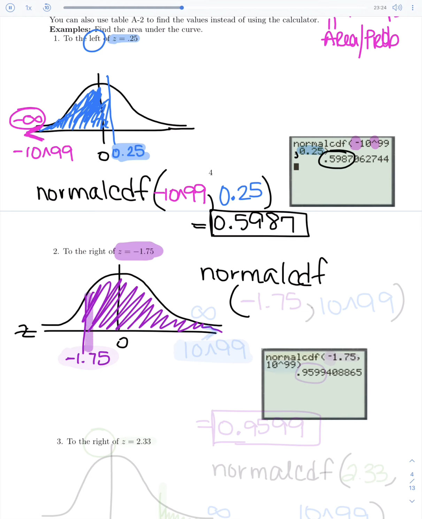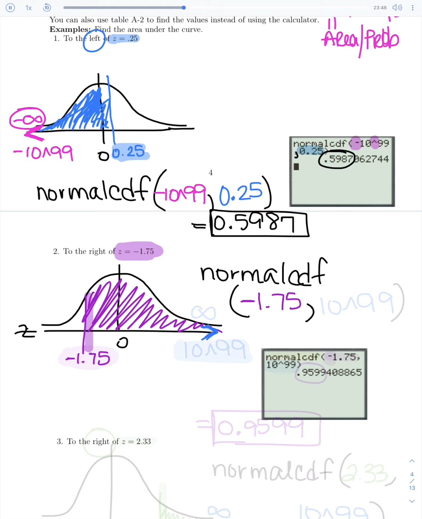We have a start value. We're starting our graph at negative 1.75. The problem we have is we technically don't have an official end for our graph because this area actually continues on to the right here forever.